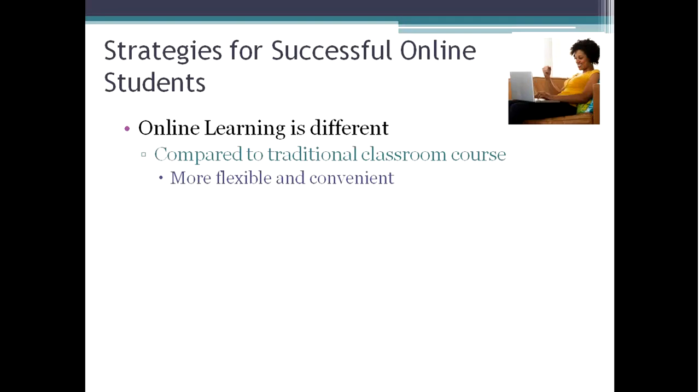Online learning is completely different in that there is no specific place and time when this online learning is going to be taking place. It's very flexible and convenient, and it will work with your schedule. However, this flexibility and this convenience often means that students can sometimes procrastinate, or they can not engage fully in the course materials.